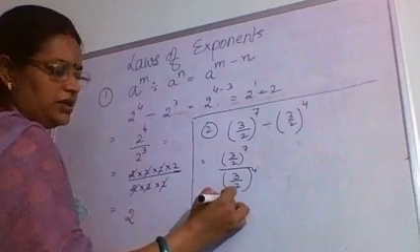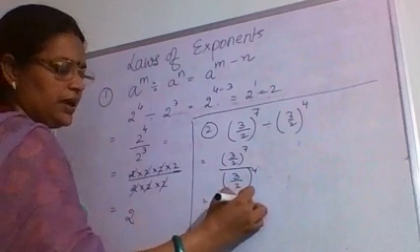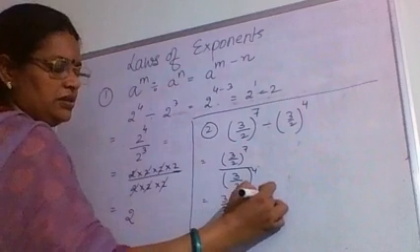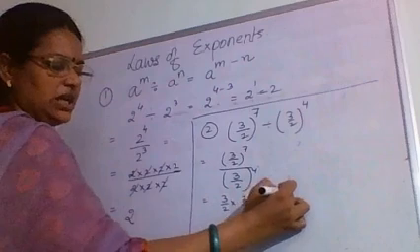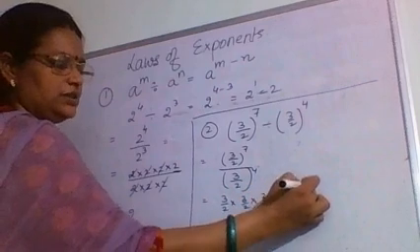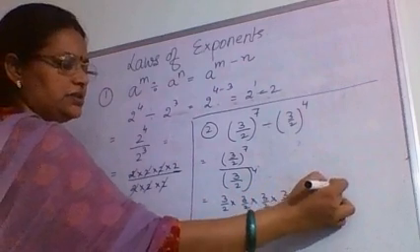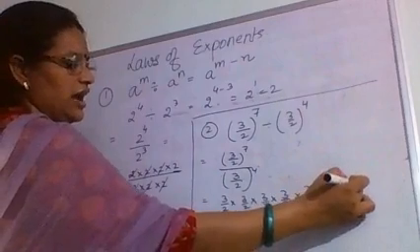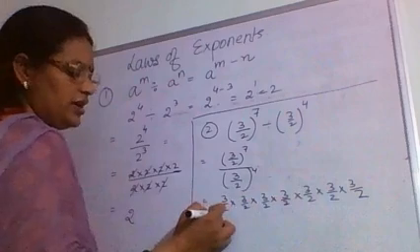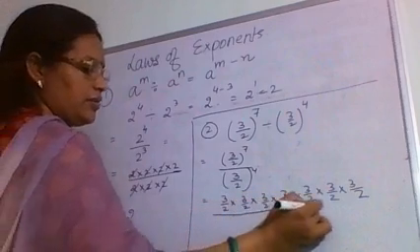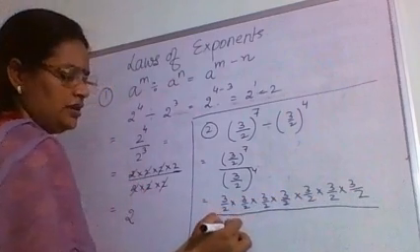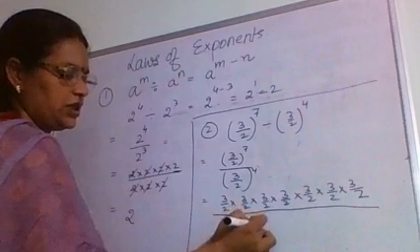This can be written as 3 by 2 multiplied 7 times: 2 times, 3 times, 4 times, 5 times, 6 times and 7 times. Denominator 4 times.